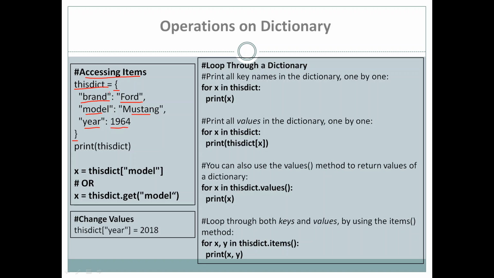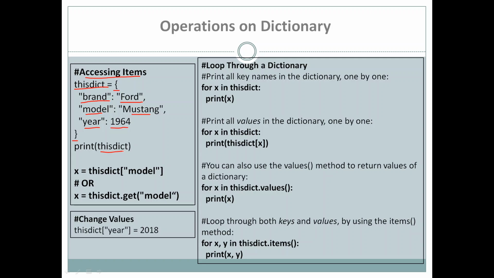So this dictionary contains 3 elements: brand, model, year, with the values Ford, Mustang, and 1964. Now to print the elements of a dictionary, we can directly use a print statement, and it will print all the elements from the dictionary.